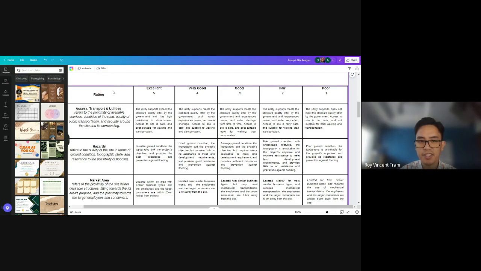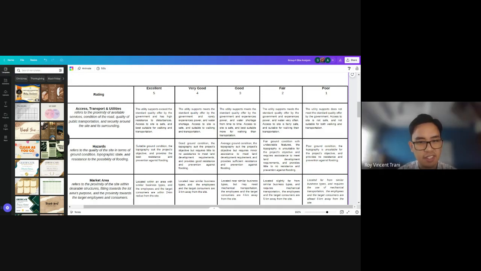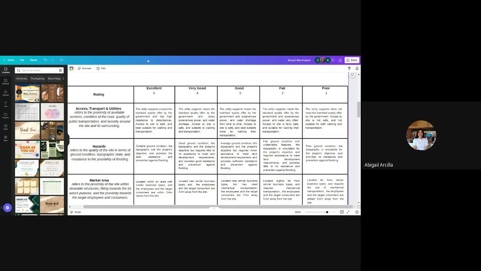Okay, so what assistance are you talking about here? Changing the contour or what? Yes sir, like needing to flatten it. Good, exactly. So how about fair and poor?